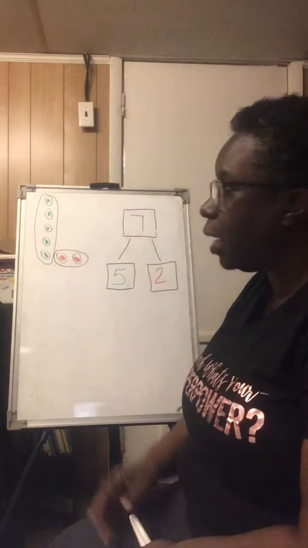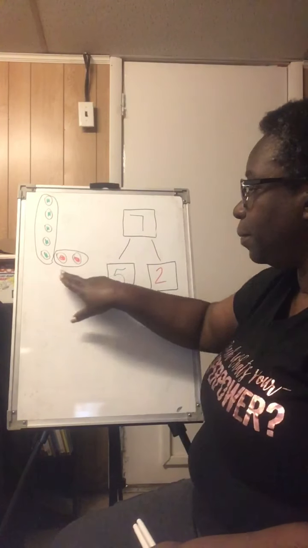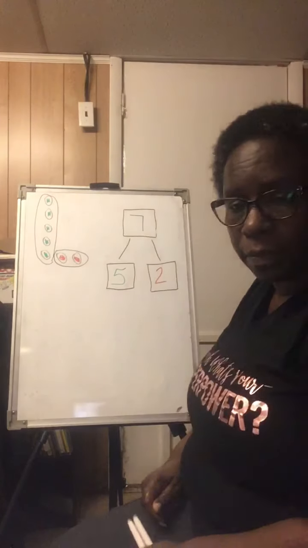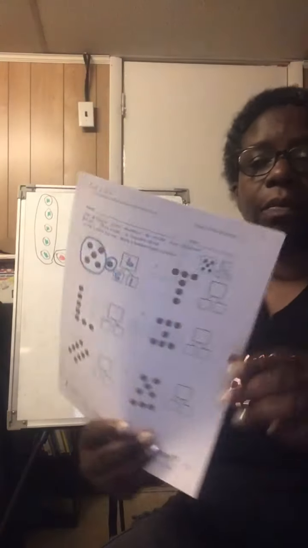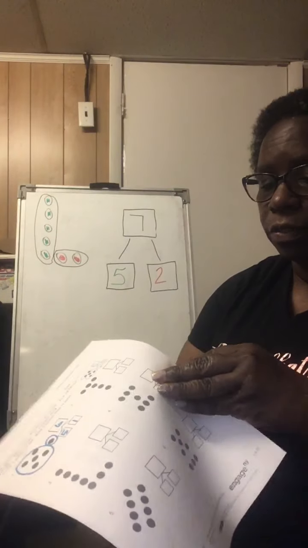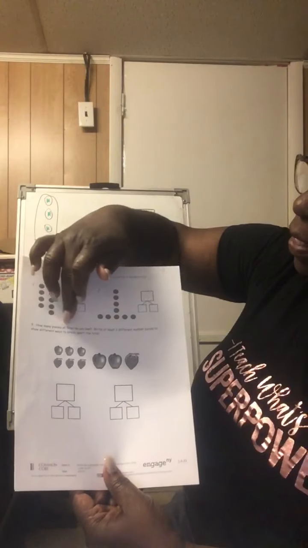And if you're online, you're moving the dots on the circles and then putting in your number bond. So that is how you're going to work all of your problems on your sheets. Your first 2, and this up here. Then here you're going to be using your fruit. It says, how many pieces of fruit do you see?